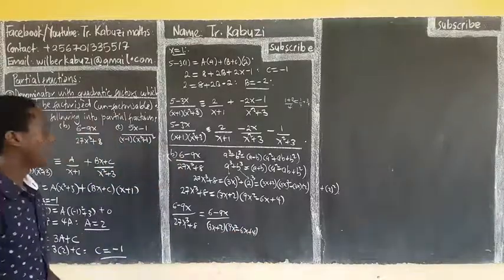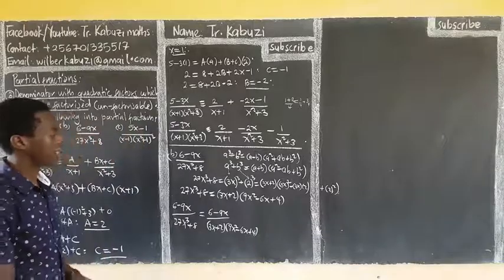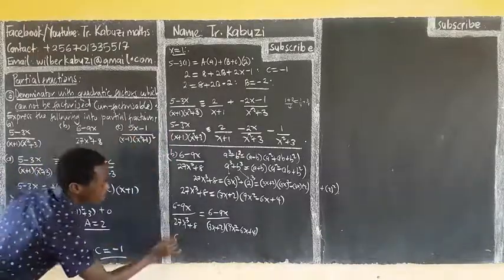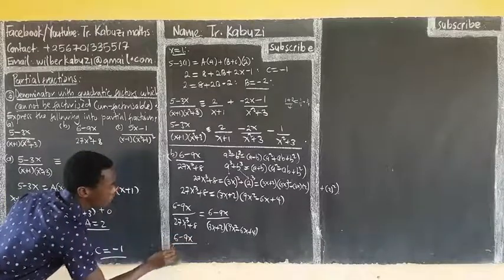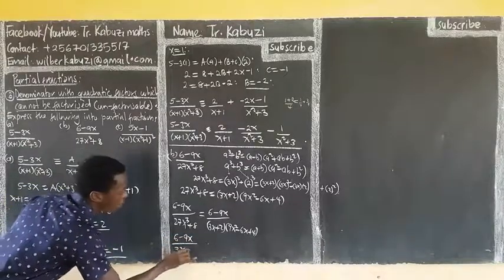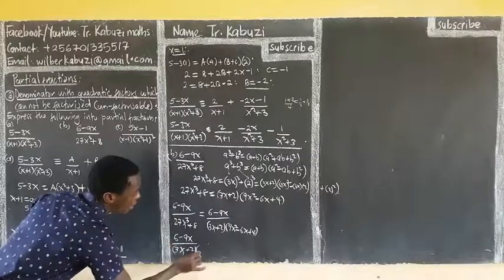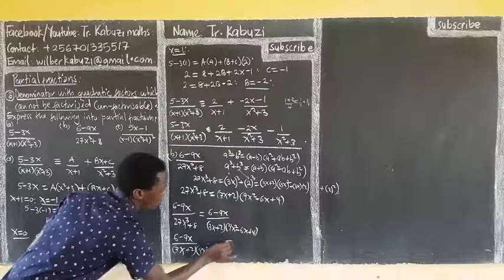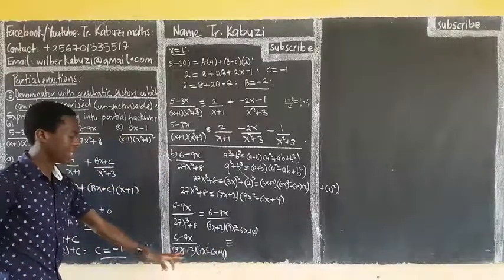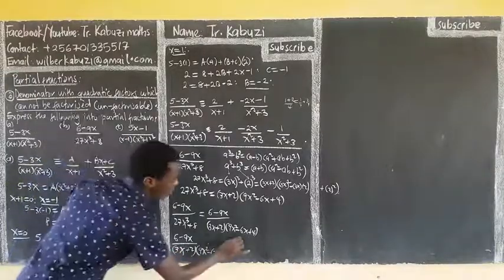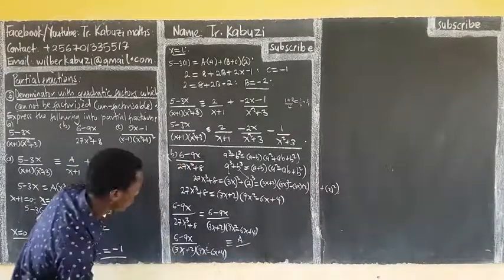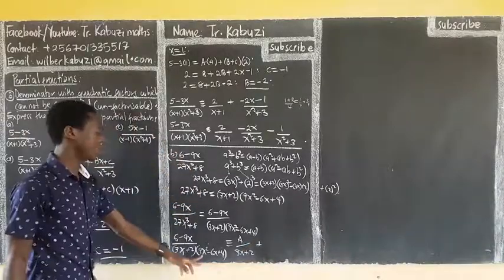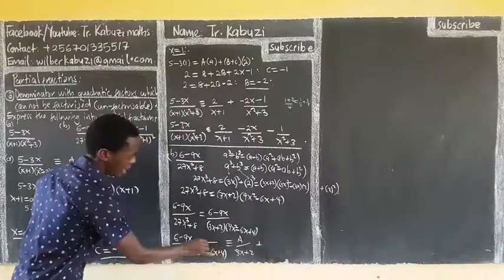Now we're going to use our partial fractions here. Now my (6 minus 9x) over (9x squared minus 6x plus 4)... I'm doing a lot of writing. It is going to be equal to, this is linear because it's power 1, so it's going to be A over 3x plus 2, then plus, this is quadratic and we cannot factorize it.